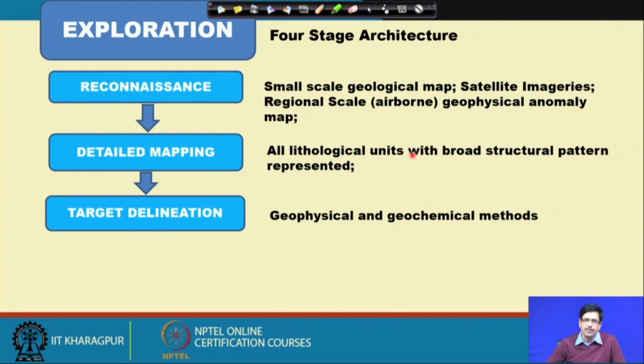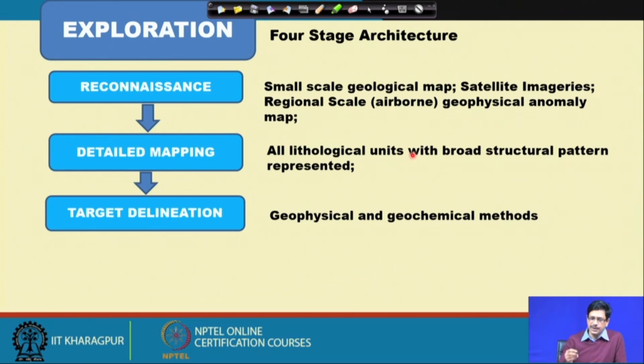So, it is a process of elimination. When we come to the target delineation stage, we intensify our efforts to identify, or to be certain about, the existence of an ore body. So, the ore body is the target.